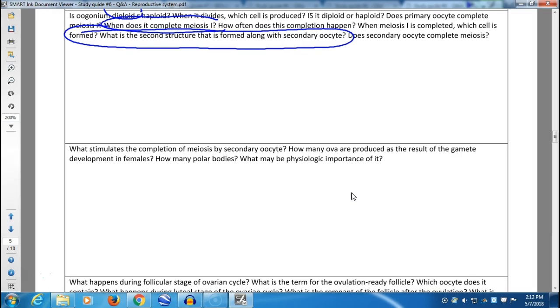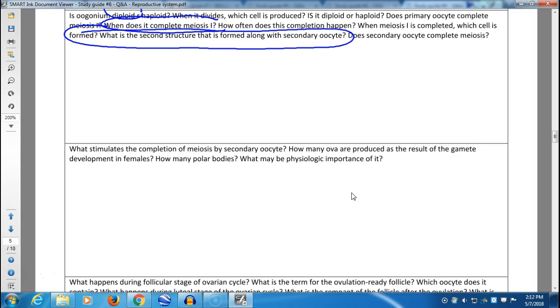Now, from one oogonium in the end, how many secondary oocytes are produced? How many ova are produced? One. We have 3 polar bodies and 1 ovum. Does that make sense? Now, spermatogonia produce 4 sperm cells.